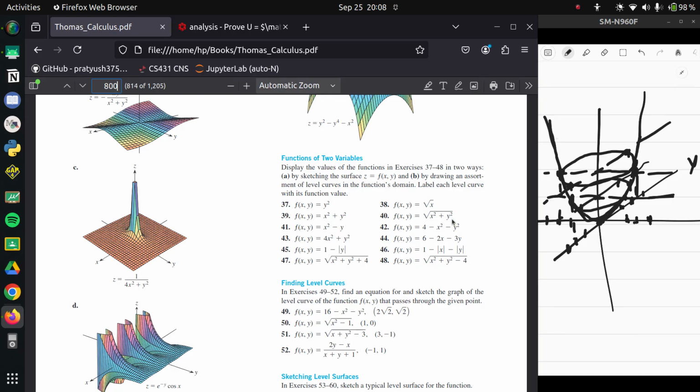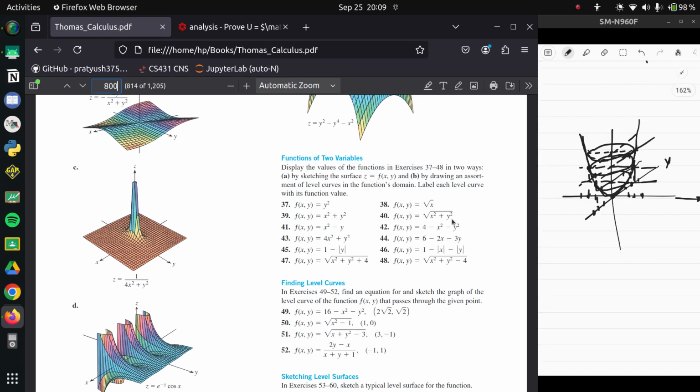But anyway, I'm just going to draw this part. Z equal to 3 would be something like this.